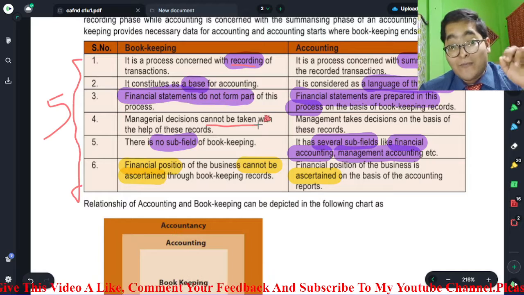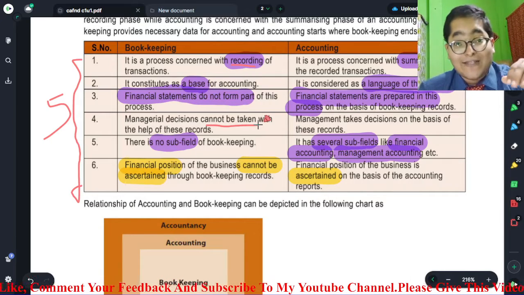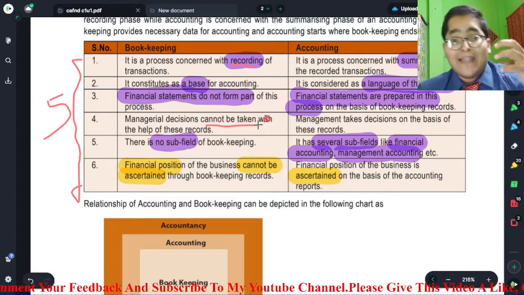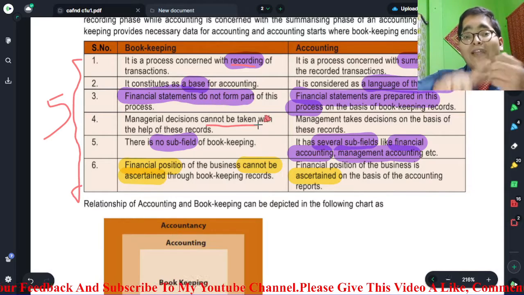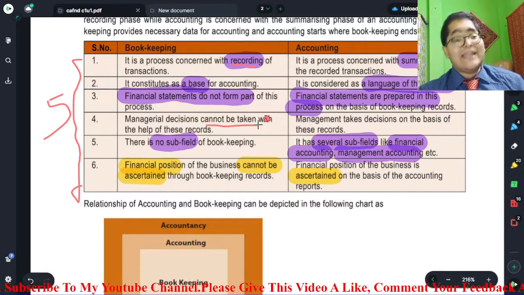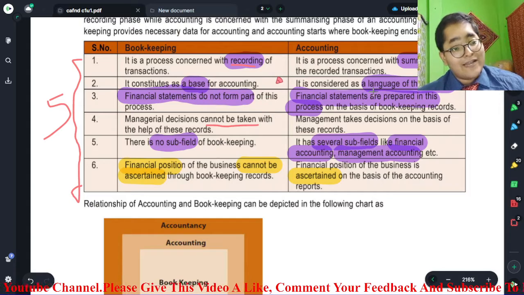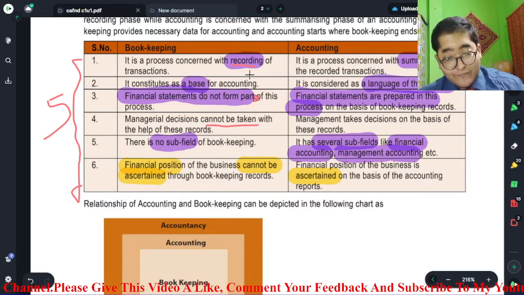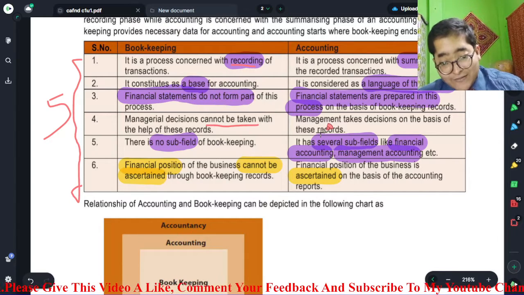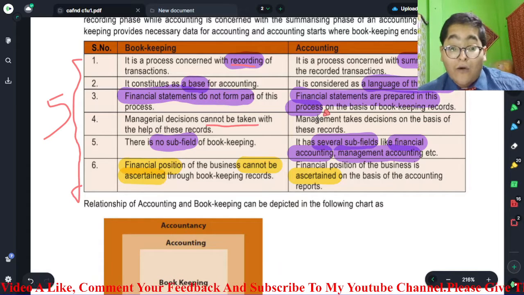That is important for managerial decision making: how much the expense has increased, and how much that expense of 5,000 is affecting the profit of the business. It is important for managers. That is why managerial decisions cannot be taken through bookkeeping. In accounting, management takes decisions on the basis of accounting records.